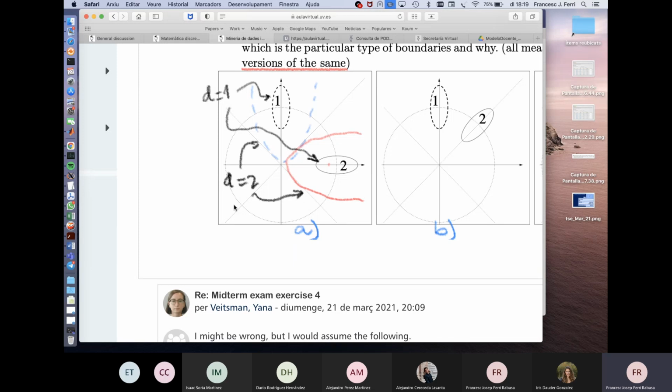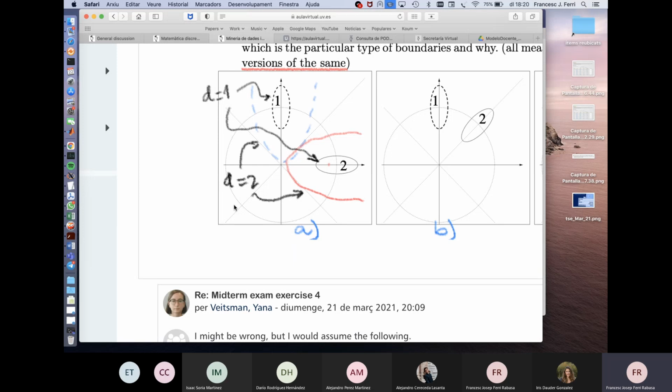But this has to be like this. But how does it go now? This should be quite clear from the example we have in the slides.